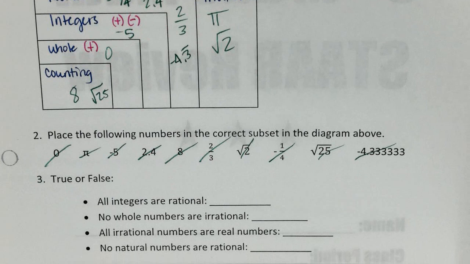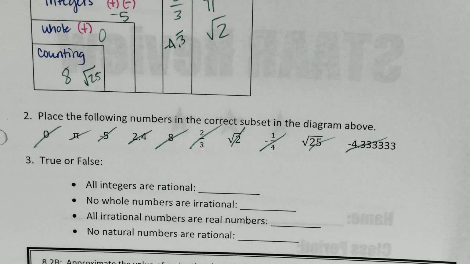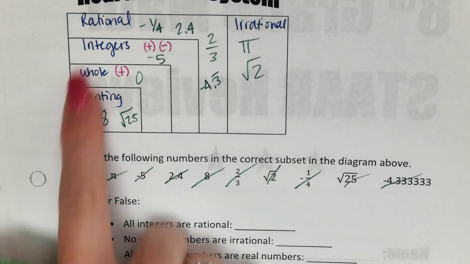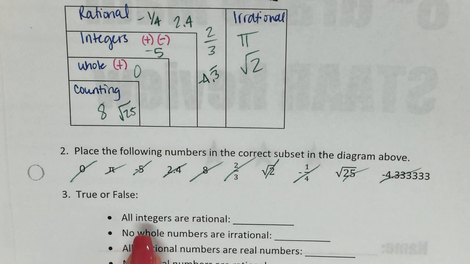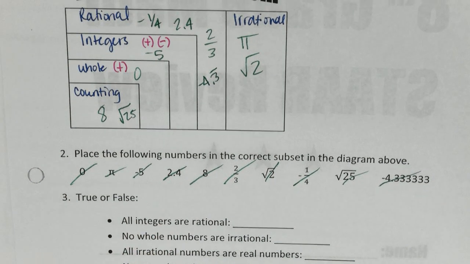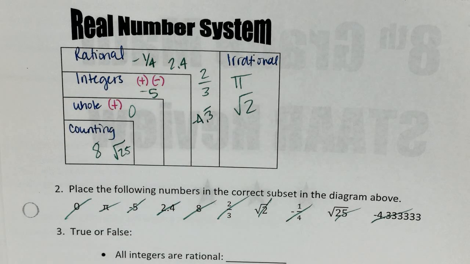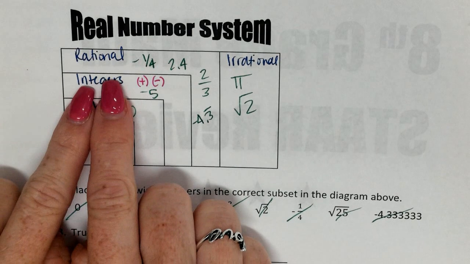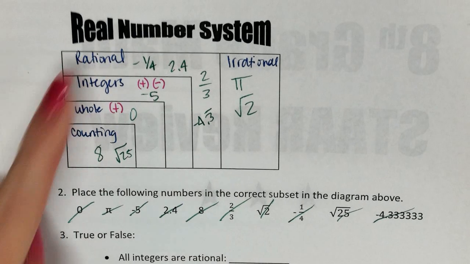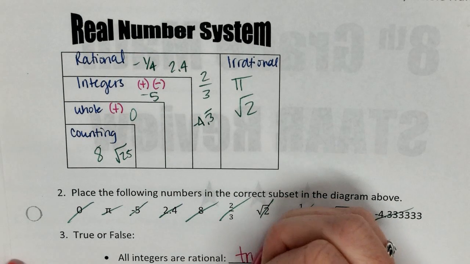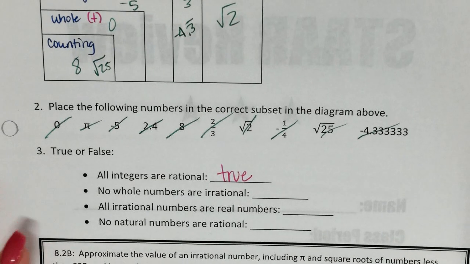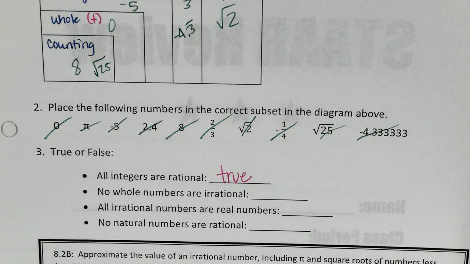All right, we're going to answer these next parts, true or false. Look at your categories if you need to. All integers are rational. Find integers. Is it inside of rational? Yes. So are all integers rational? Yes, that is a true statement. Now, I don't like the way this is worded because it's kind of like no whole numbers.